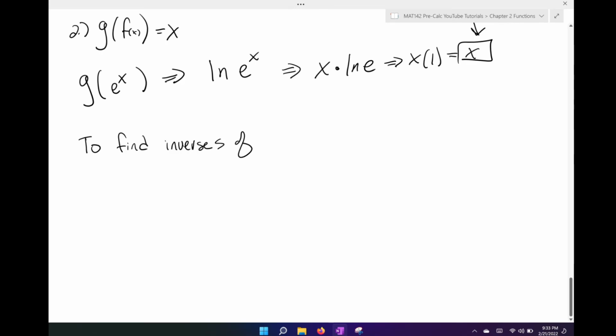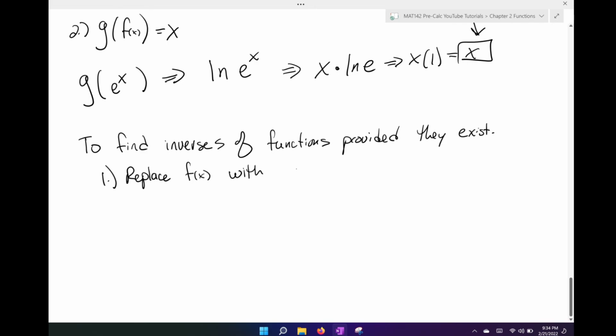So to find inverses of functions, provided they exist, here's what you're going to do. Step 1, replace f of x with the letter y. That's your first step. Step 2, swap x and y positions.